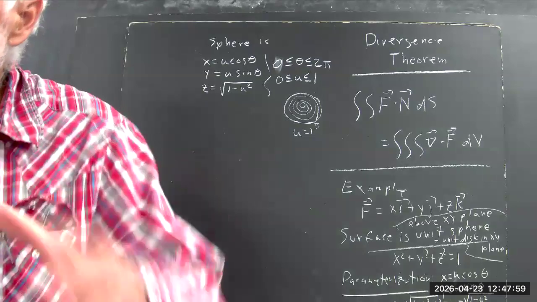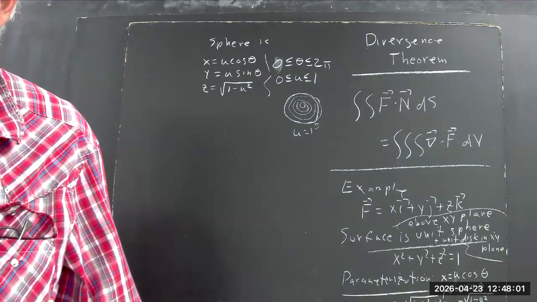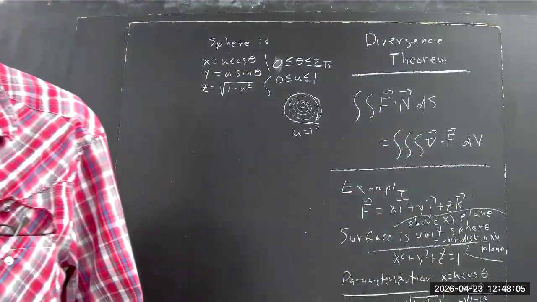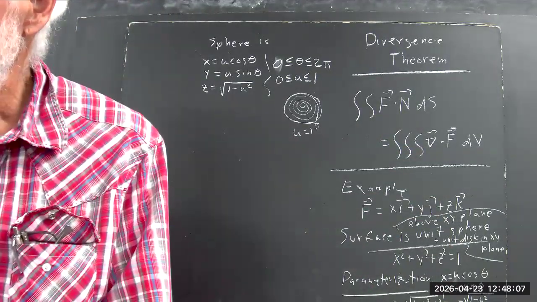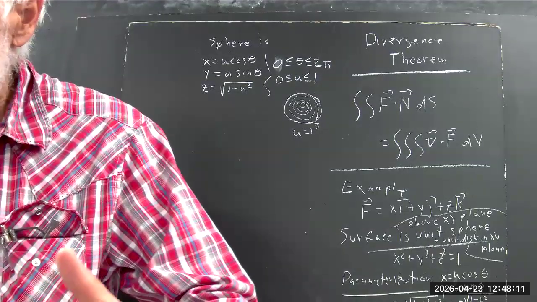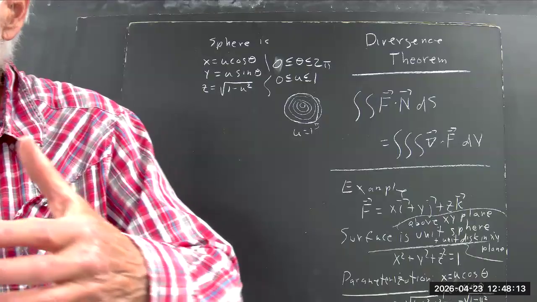Because the upper half of a sphere doesn't bound a volume. Now, the whole sphere would bound a volume, but the upper half doesn't, because the upper half is bounded by the unit circle.